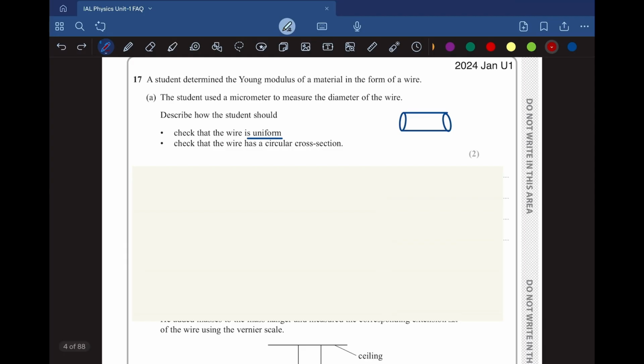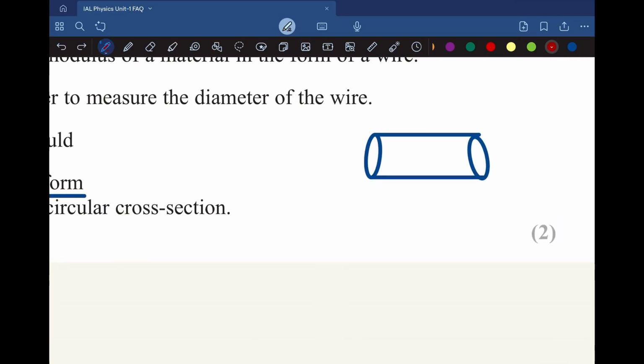We can measure the diameter at several orientations. Let's say we can measure it like this, and then we can also measure the diameter of this circle like this. If it is completely circular, though my drawing doesn't suggest that it is, actually it will be like this.